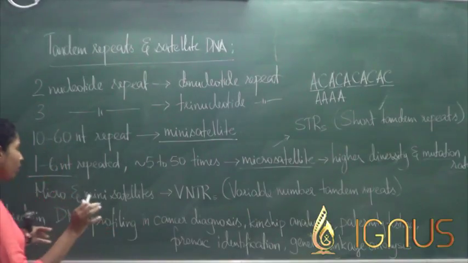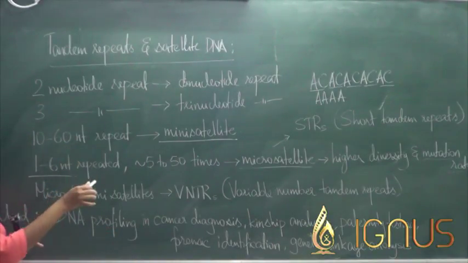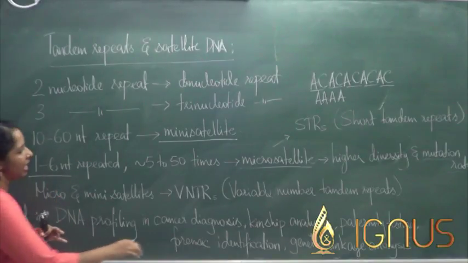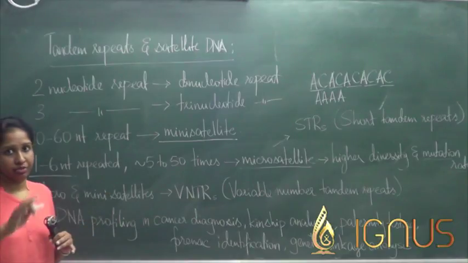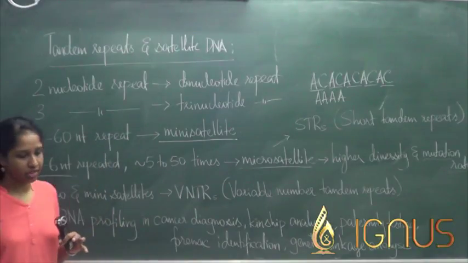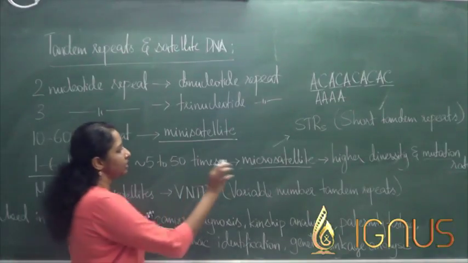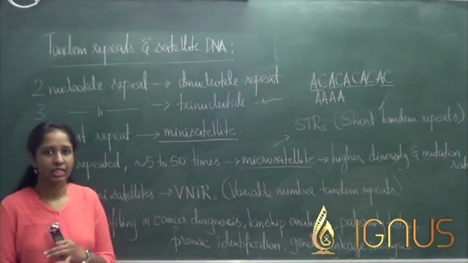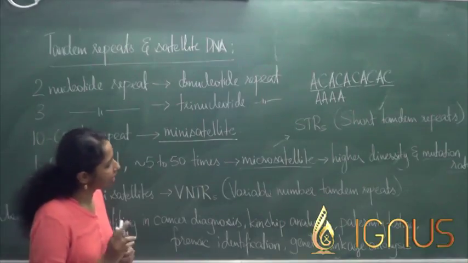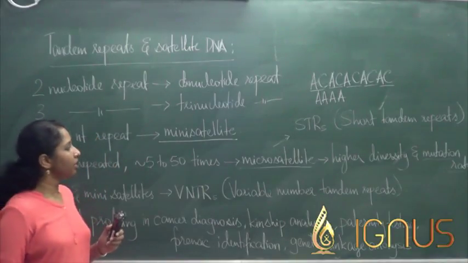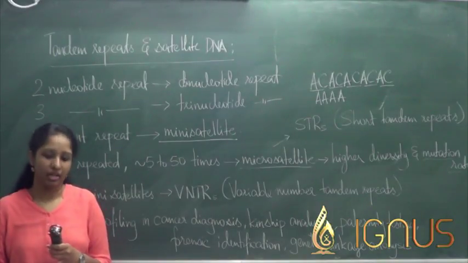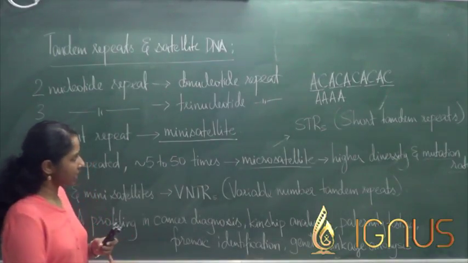And those are the differences. One, it's going to be 10 to 60 nucleotides as opposed to 1 to 6 nucleotides, and this is repeated specifically 5 to 50 times, and the mini satellite does not have a specific number for it. And the difference is that mini satellites do not have that much genetic diversity, but micro does, and the mutation rate in microsatellites is much higher as opposed to the mini satellite.